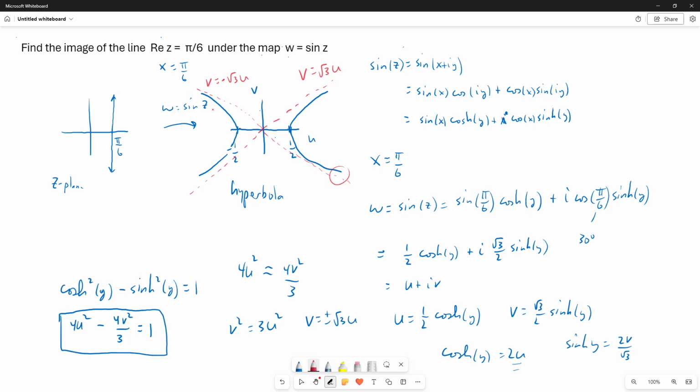Those are the asymptotes for the hyperbola, and 1/2 and negative 1/2 are the vertices. Again, the vertices came from letting v equal 0. If v equals 0, then this equation becomes 4u squared equals 1. So u squared equals 1/4. So u is 1/2 or negative 1/2.